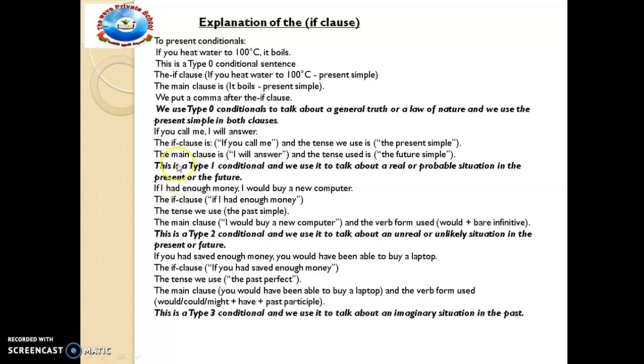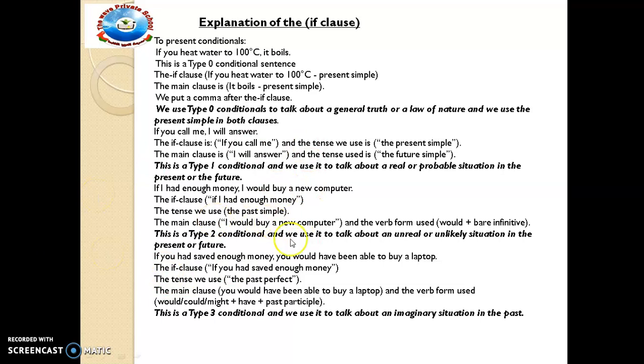When do we use type 1? This is a type 1 conditional, and we use it to talk about a real or probable situation in the present or in the future. So when we are talking about a real or probable situation that will happen in the present or in the future, that is a type 1 conditional.